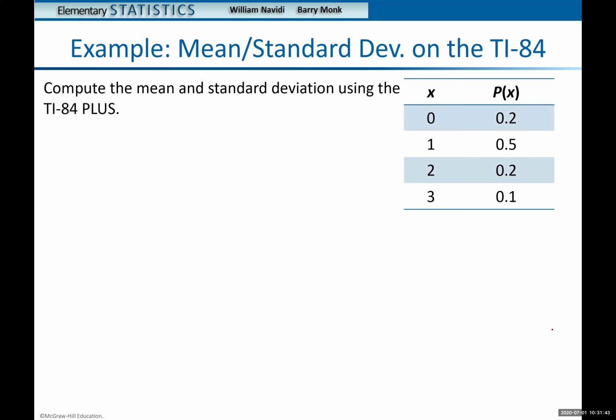Let's try that. I want you to get your graphing calculator and enter these numbers into L1 and L2. This should be your L1, and this should be your L2.